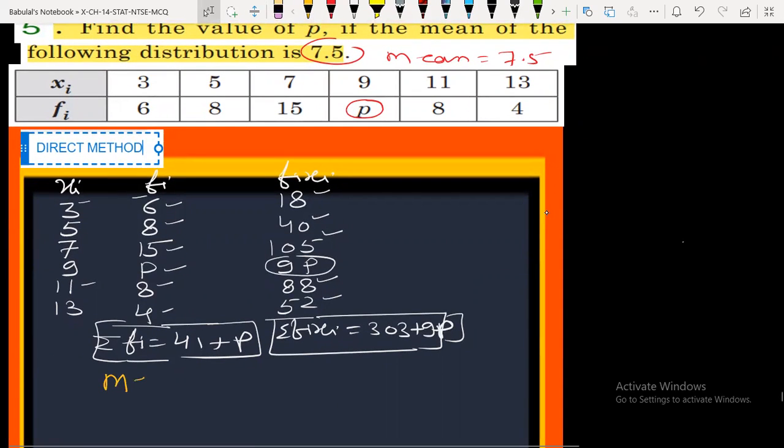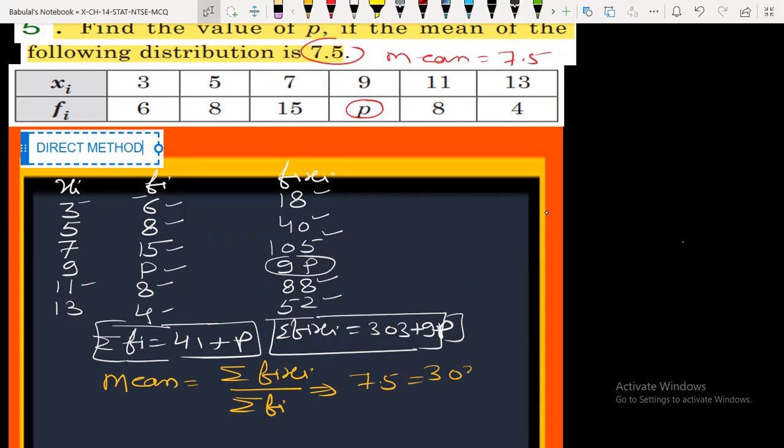Mean is equal to total of fi xi upon total of fi. What is mean? That is 7.5, and this is 303 plus 9p. And what is the sum of all frequencies? That is 41 plus p.